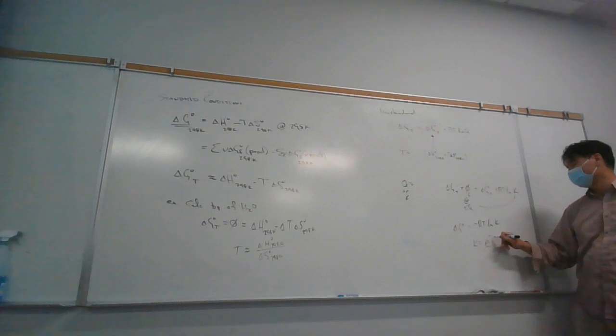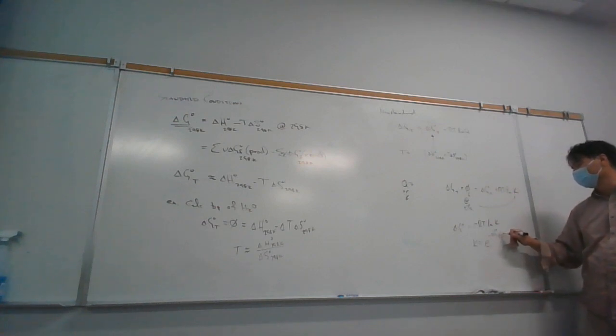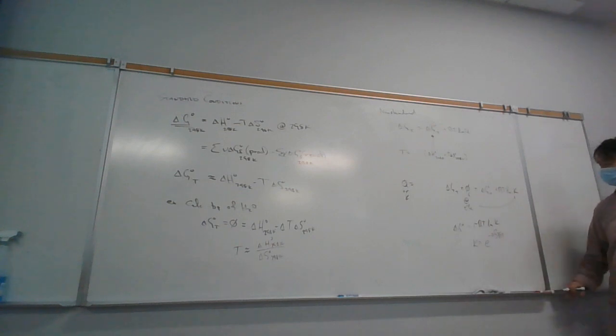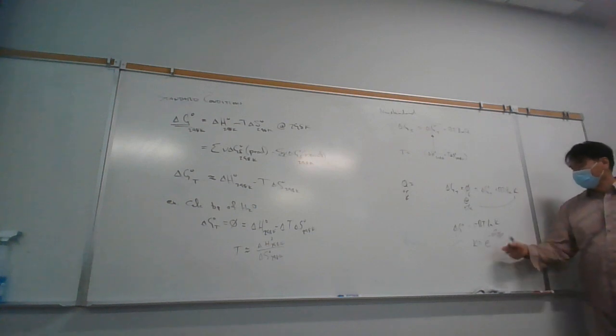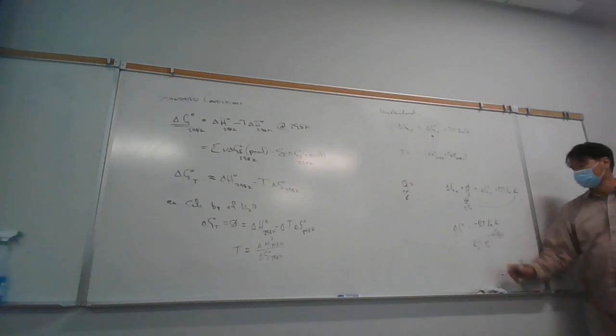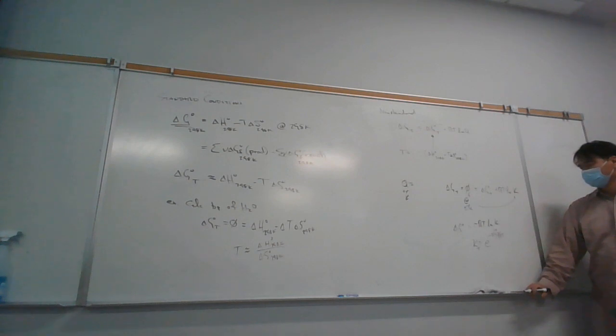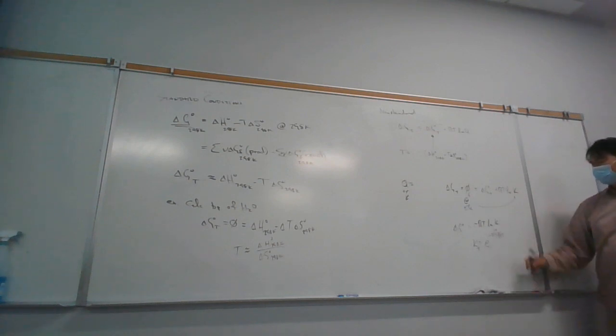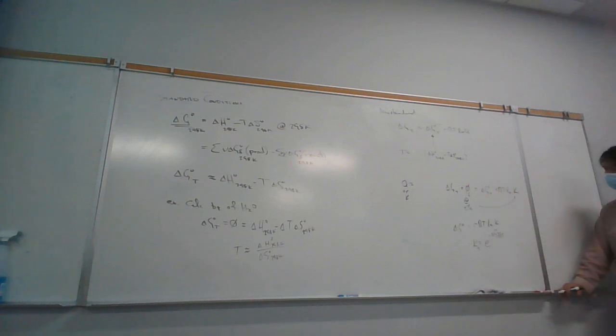I'll skip a couple of steps here. This is delta G naught at temperature T, and this is K at temperature T. So if we have delta G naught at that temperature, then we can use this to calculate K at that temperature. If this were, let's say, at 298, then we can determine that.